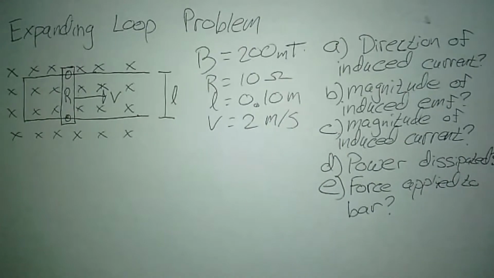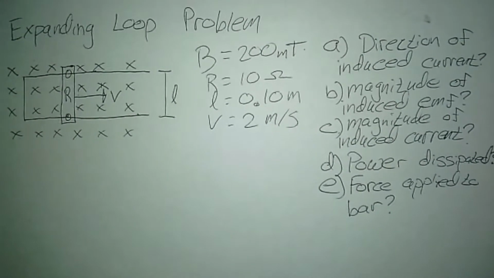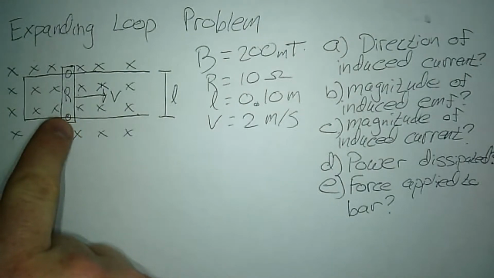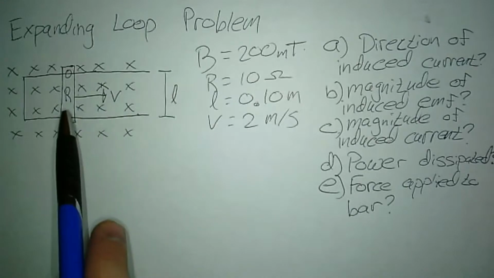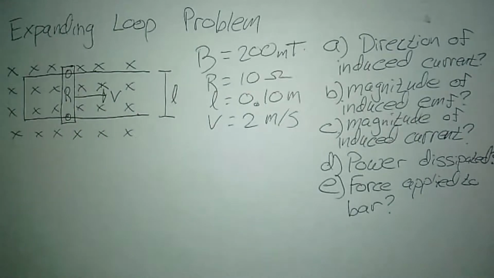The first thing I really want to know is what is the direction of the induced current? I can do that without doing any math. As we pull this bar to the right, are we increasing or decreasing the flux through the loop?